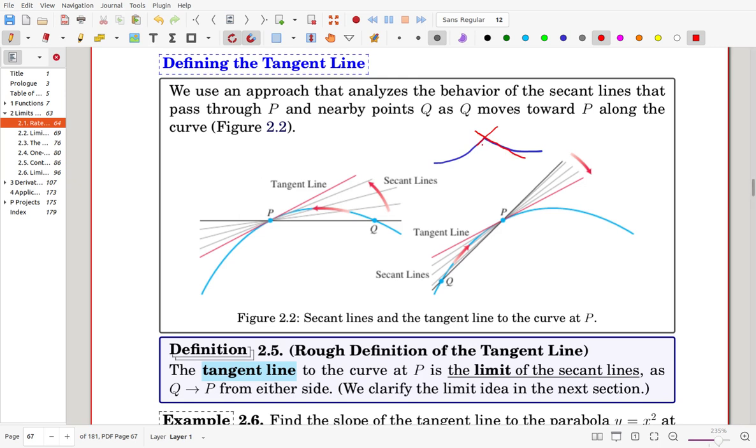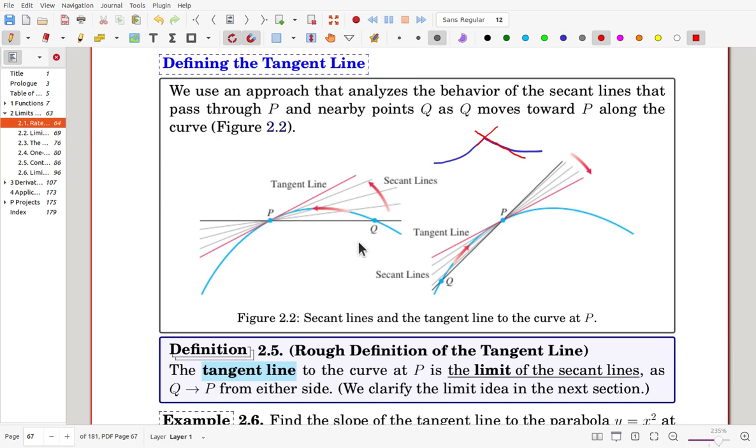In this case, there's no tangent line. But once the curve is smooth like that, you can easily see that from the right-hand side and from the left-hand side, the limit of the secant lines will be the same.